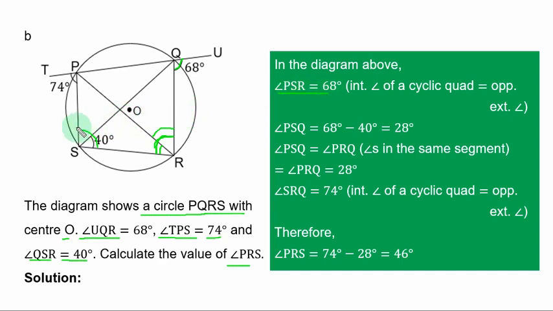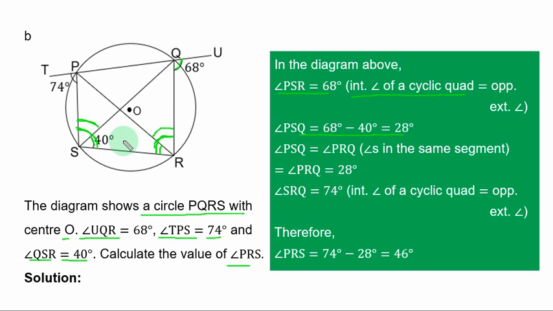Alright, so angle PSR is equal to 68. That is the whole of this angle now, and the reason is that the interior angle of a cyclic quadrilateral is equal to the opposite exterior angle. So if the whole angle is 68 and part of it is 40, the other part, that is PSQ, is 68 minus 40 degrees, and that is 28 degrees.